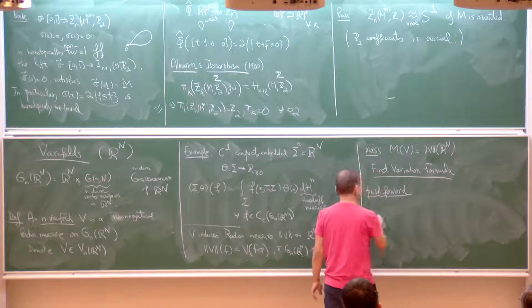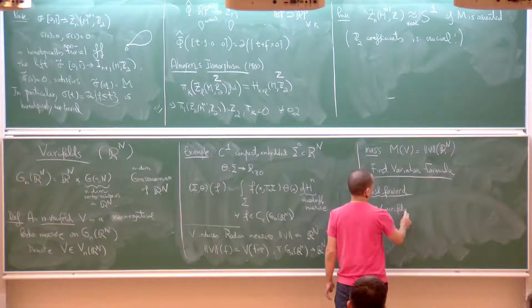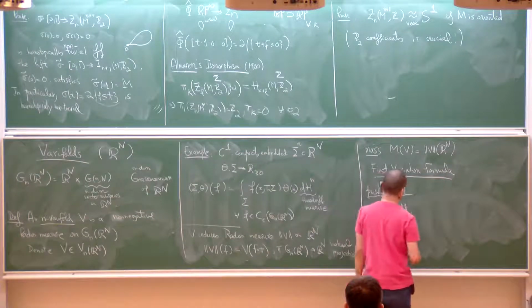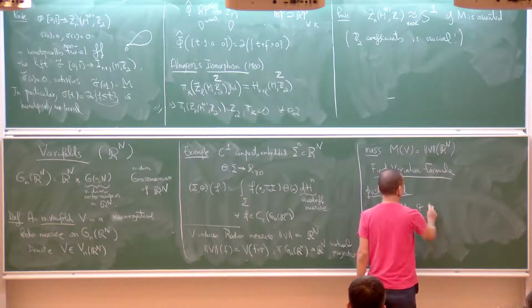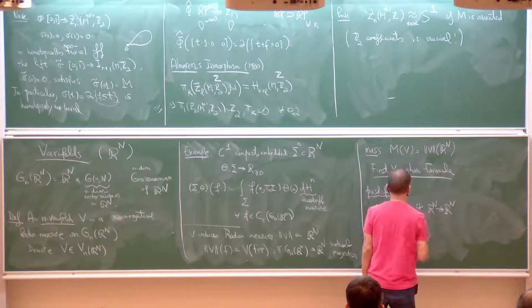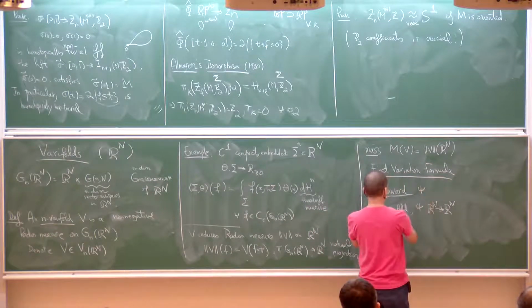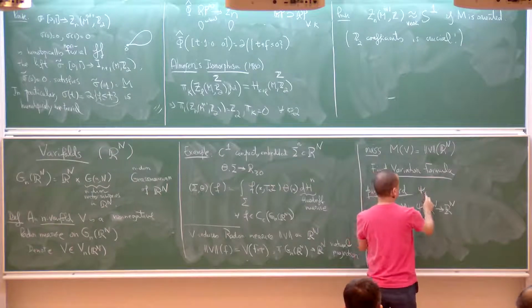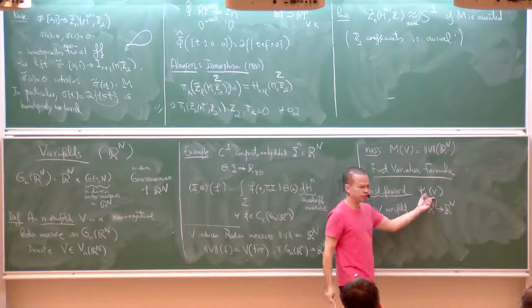Suppose that you have a varifold V, and suppose that one has a map psi from Rn to Rn. Then I can define the image of V under psi, and this is going to be my push forward.